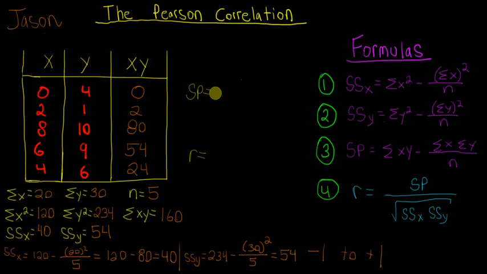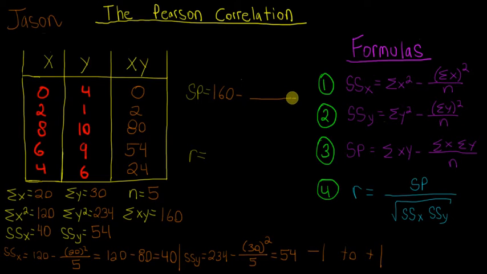SP, sum of products. So good thing we have the formula here. We can just look at it, and we've already completed most of the preliminary calculations that we need to do this formula right here. Sum of xy, well, we know that is 160. I just pulled it up from here.